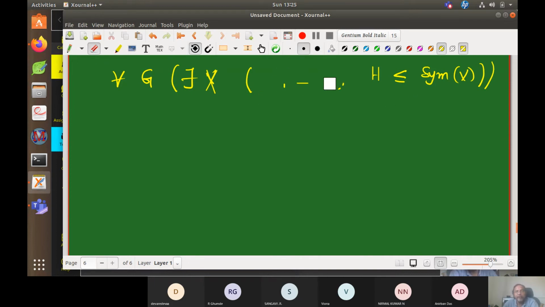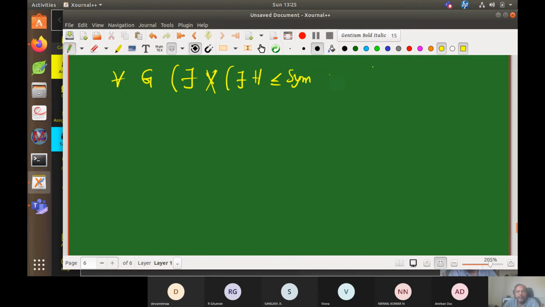So first I'll write that part. For every G, there exists an X, and there exists H, a subgroup of the symmetric group of X, such that G is isomorphic to H. That means every group is isomorphic to a group of permutations.